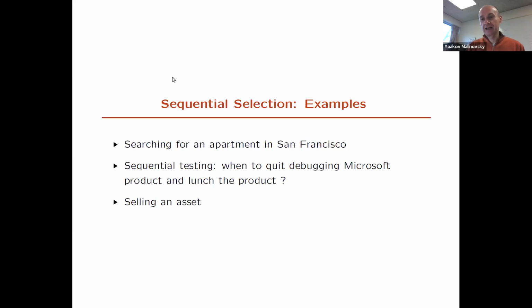Another class of problems is sequential testing related to quality control or debugging some products, or, for example, the selling of an asset. It's a famous stopping problem. There can be one stopping time or multiple stopping times, when you, for example, have a few assets and would like to sell them.